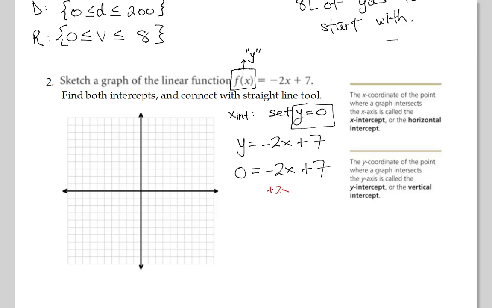Okay, add 2x. Then you get 2x is equal to 7. Now how to solve for x? Divide by 2. And 7 halves is 3.5.